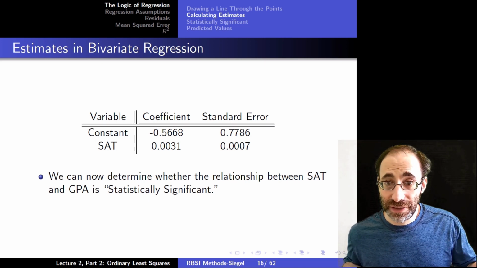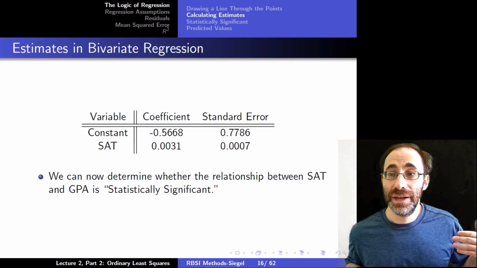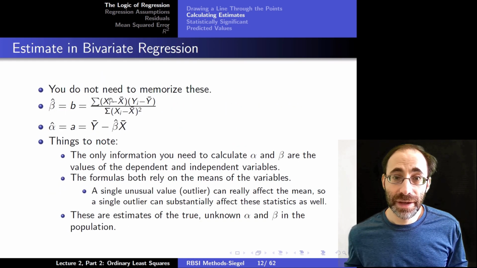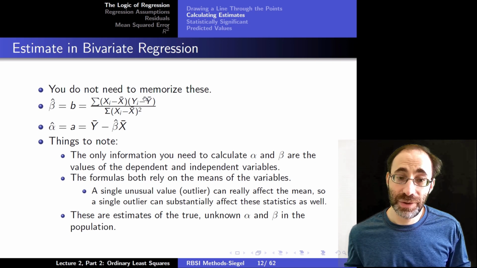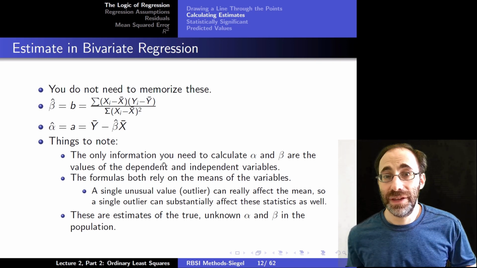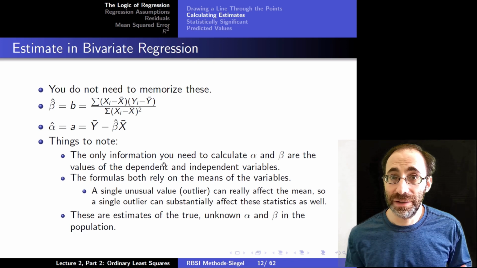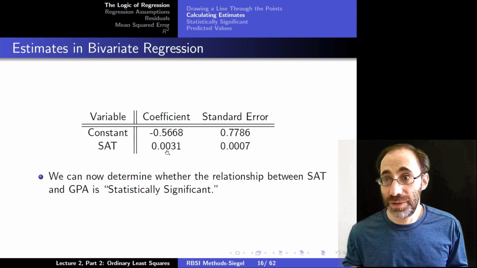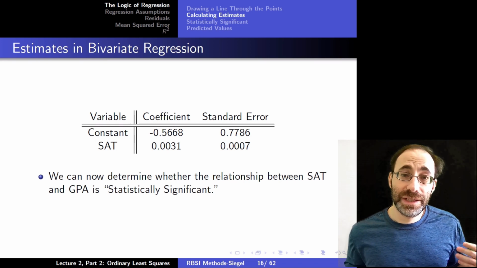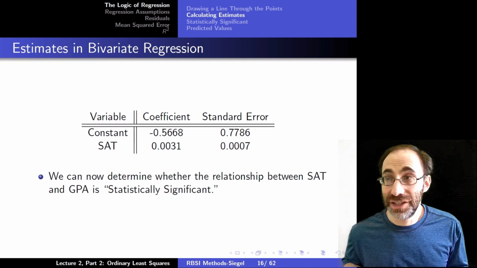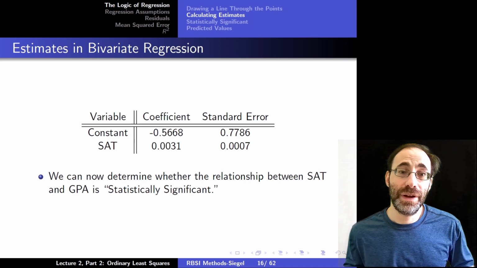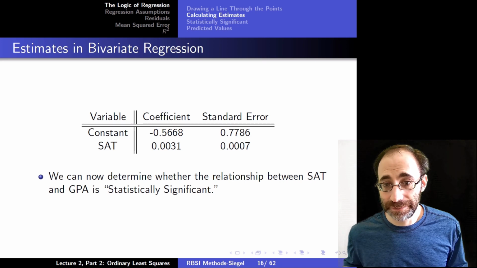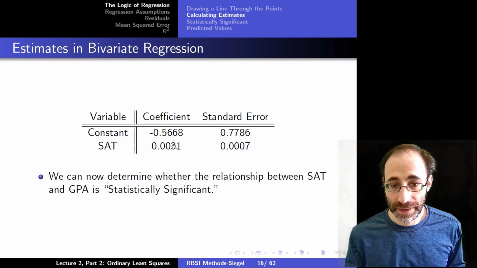In fact, as we saw last time, the equation for the coefficient contains the covariance between x and y, which is the same thing the numerator in a bivariate correlation coefficient does. So in both cases, we're trying to see if the correlation between x and y is statistically significantly different from 0, 0 being our null hypothesis of no correlation, and non-zero being our research hypothesis. So that's what we're trying to do here.